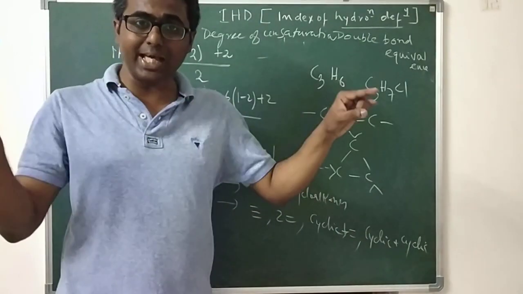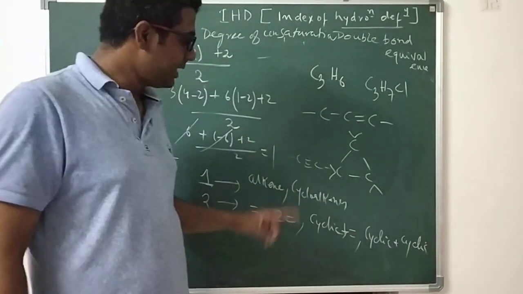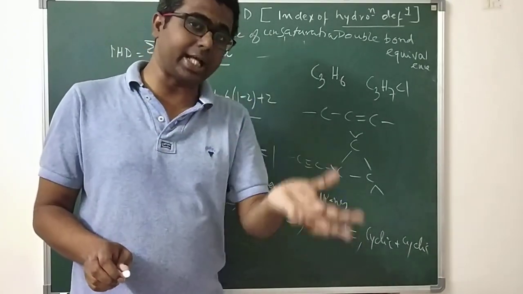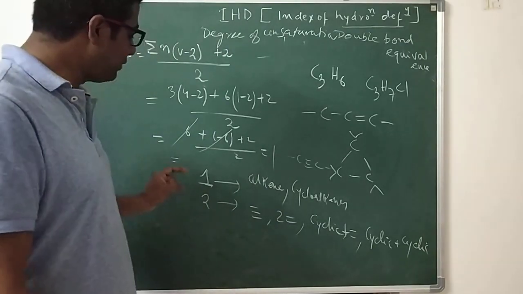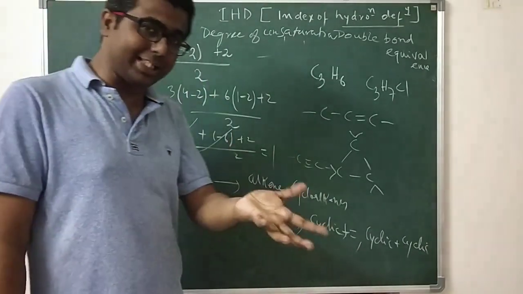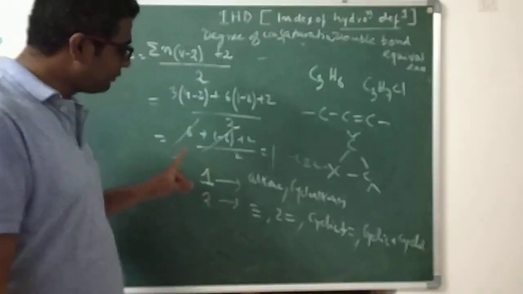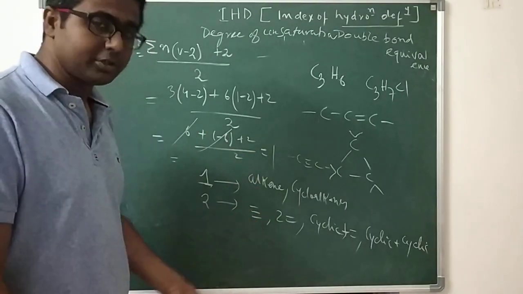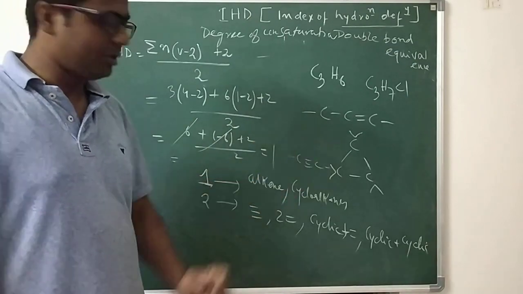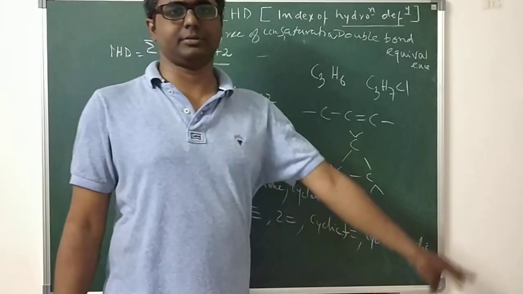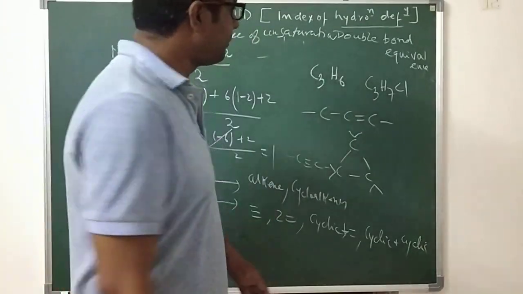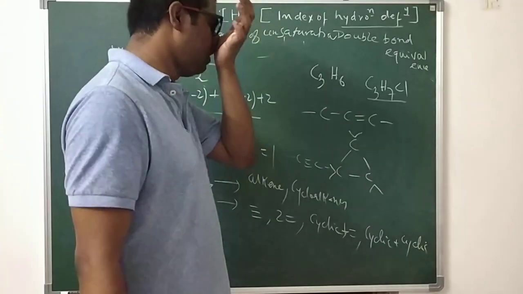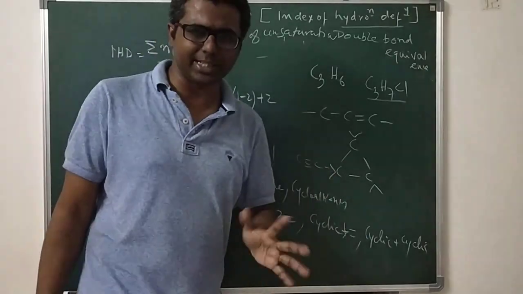If IHD value is 1, it can be alkene or cycloalkane. If IHD value is 2, it is a triple bond, or 2 double bonds, or a cycle and a double bond, or 2 cycles. So first you practice this one, and then one by one we will also discuss all those things, which have a little bit more complication and nothing else.